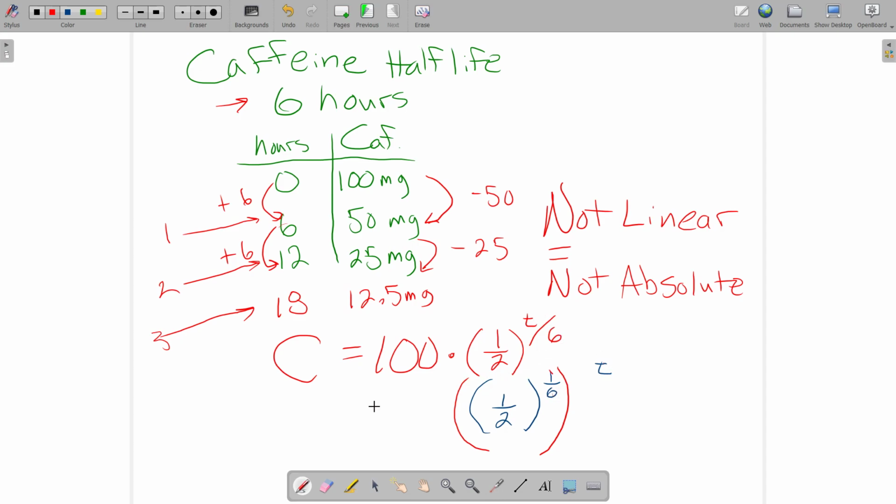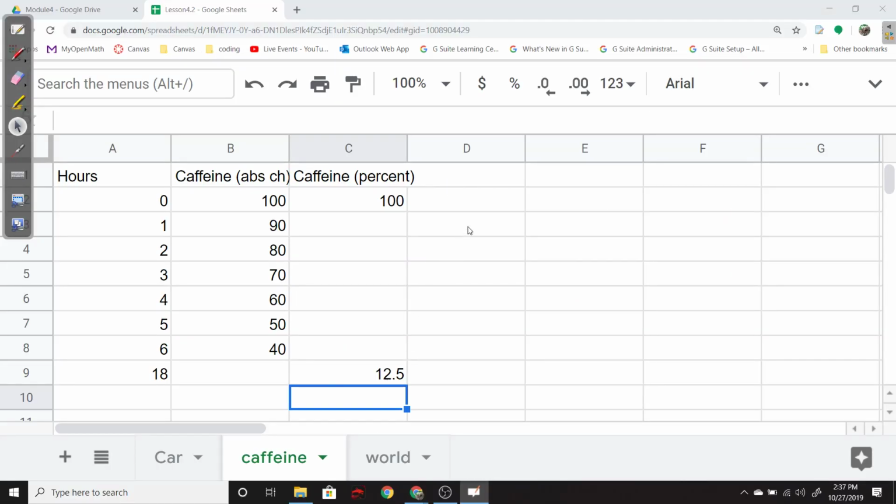So that's okay. So I want to analyze what my new base is here. The 100 is my initial amount here. My base is this blue part right here. So what is 1/2 to the power 1/6? That's my new base. So over here, for the base amount, I've got equals, and I need parentheses to do this right, 1/2 raised to the power parentheses 1/6.